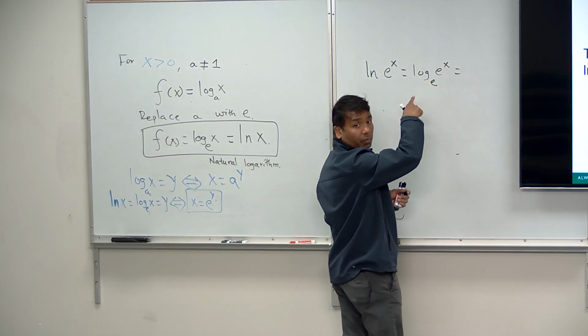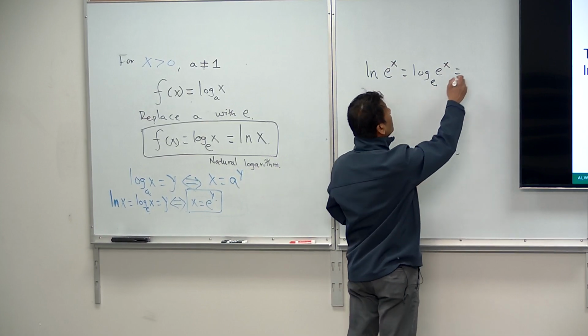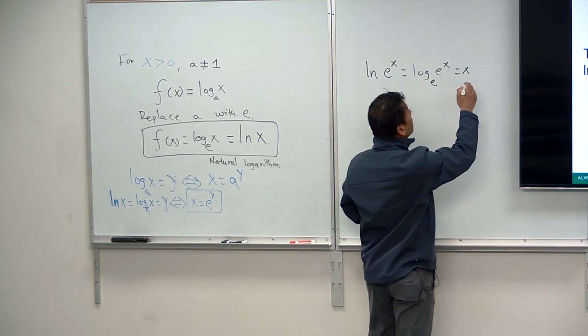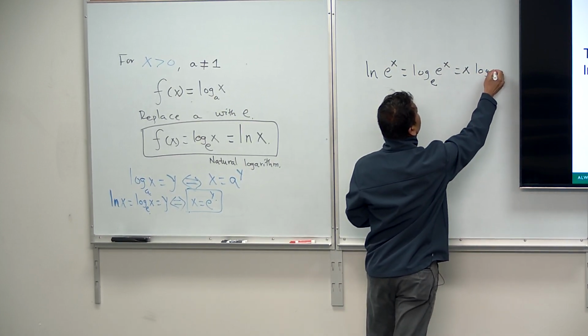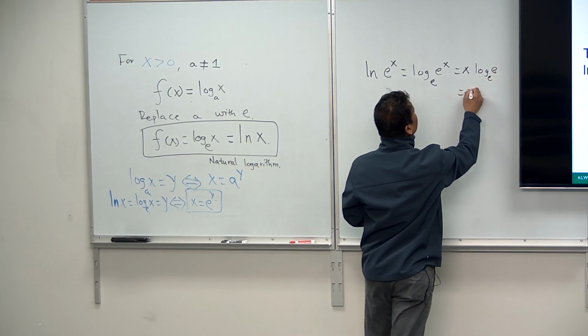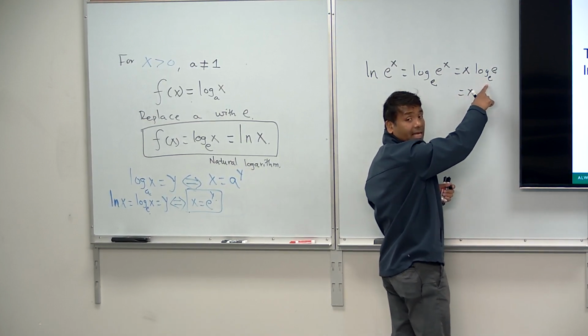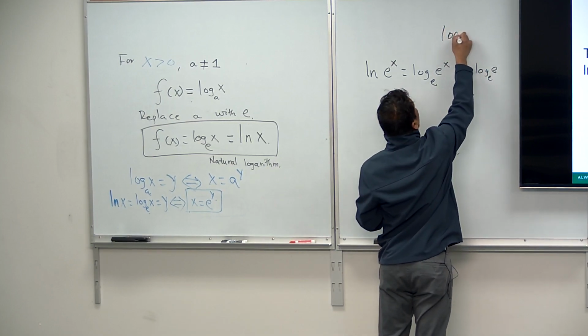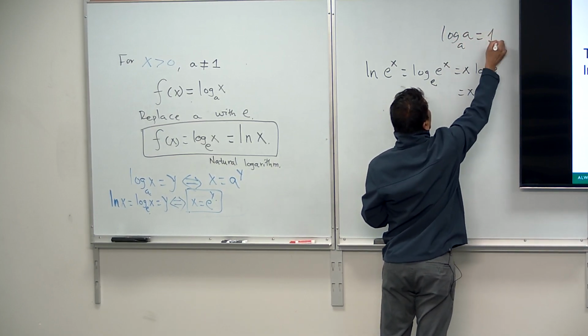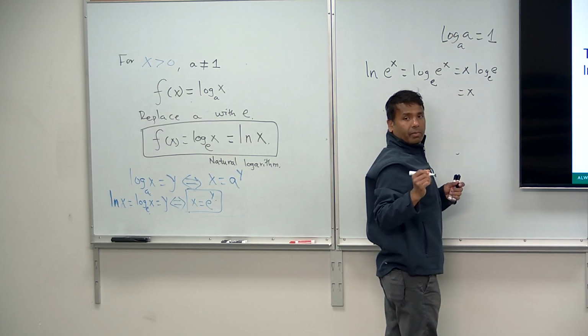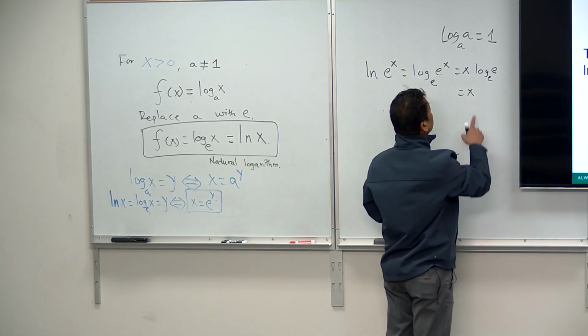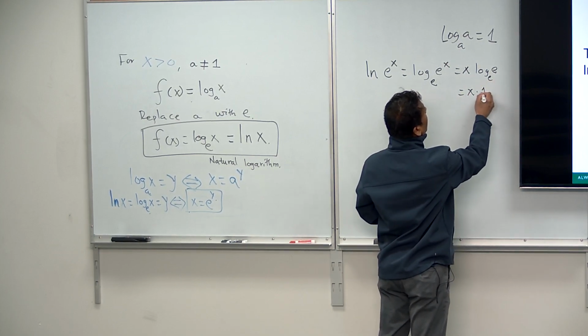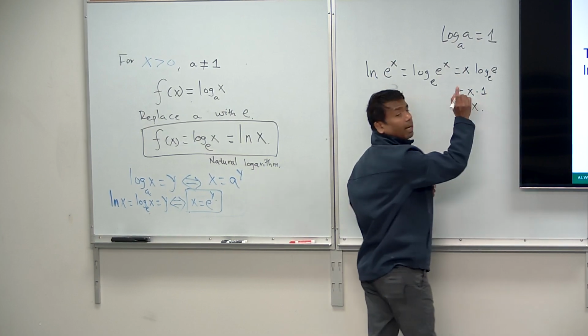If you use the power property, you can pull out this x. Then you have x times the logarithm with base e of e, is that right? And if you have a logarithm with base a of a, remember this is 1, right? We know that. So now this is just x, because x times 1 is x.